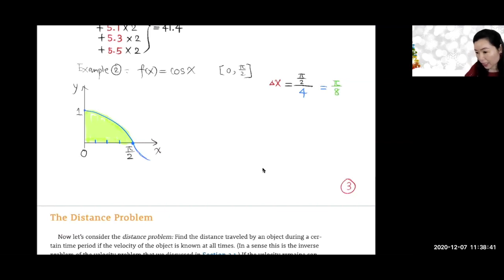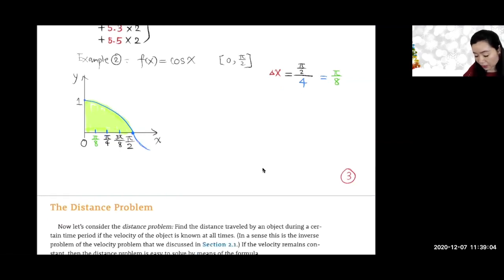Then the next one here will be pi over 4, and you keep on adding pi over 8. So this will be 3 pi over 8, and then pi over 2.